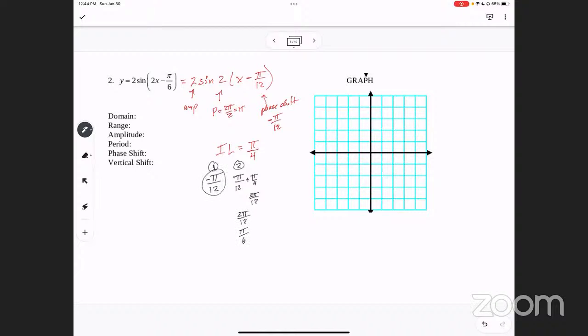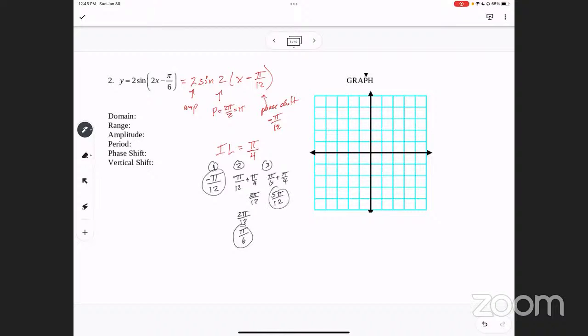So here's my first point. There's my second point. My third point, I'm going to add my interval length, pi over 4, to this next point, which is pi over 6. So that's 2/12 plus 3/12, 5/12.